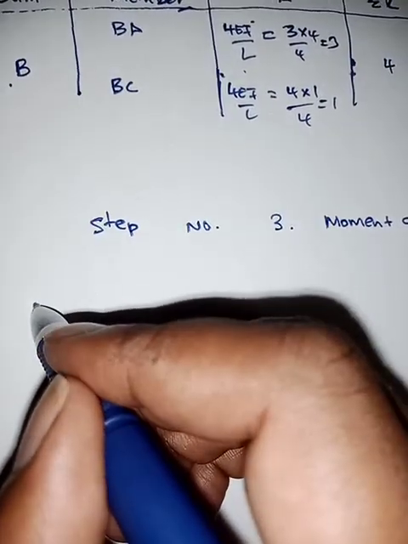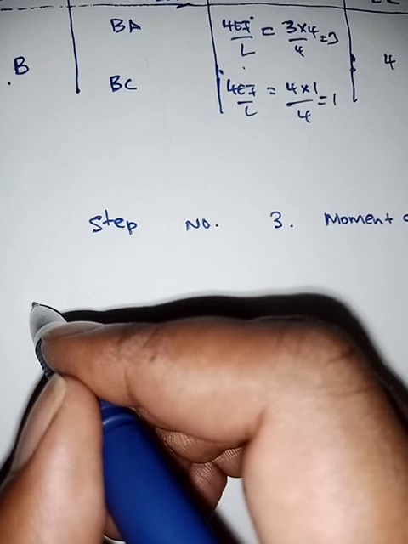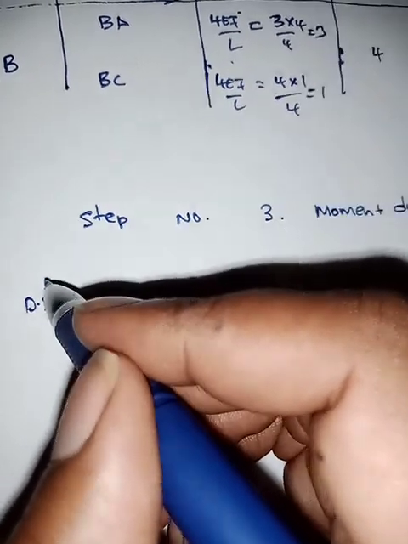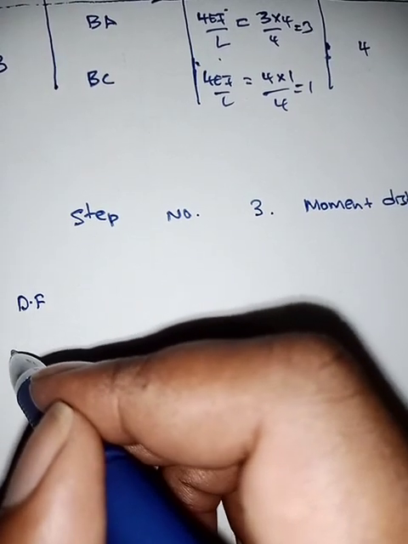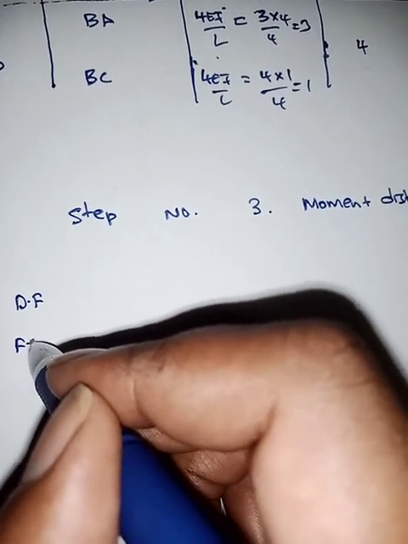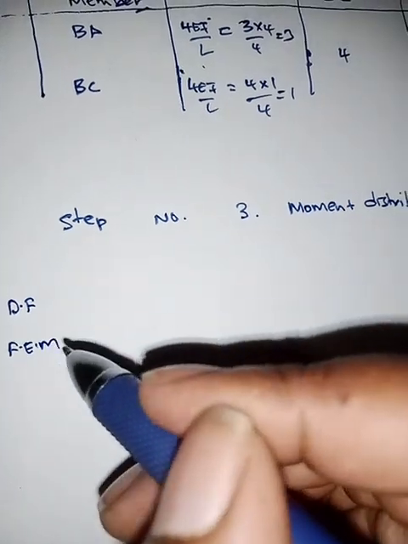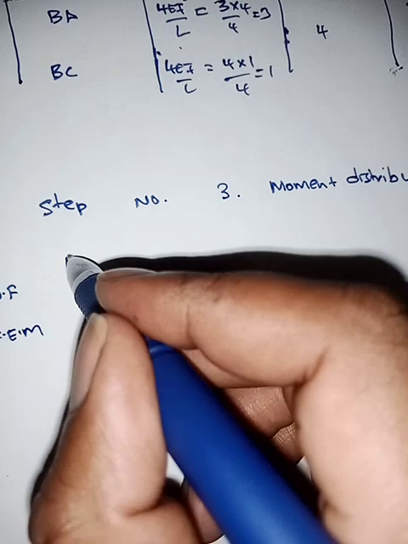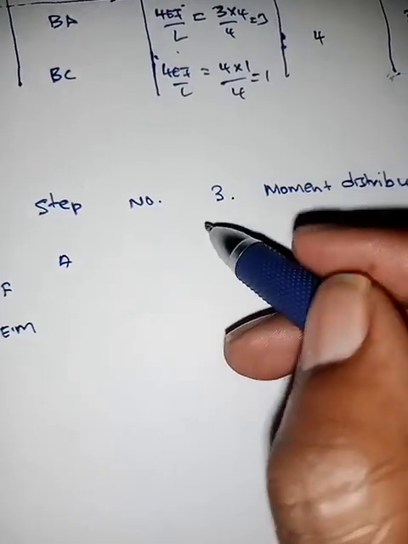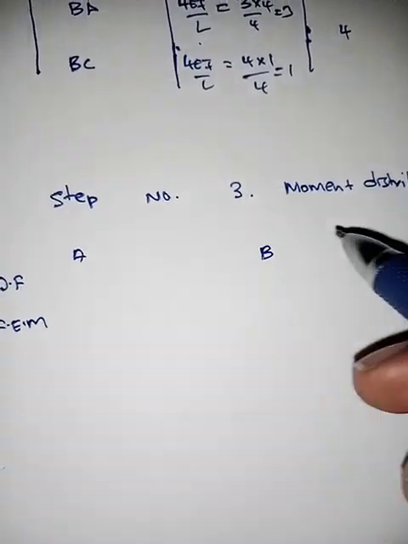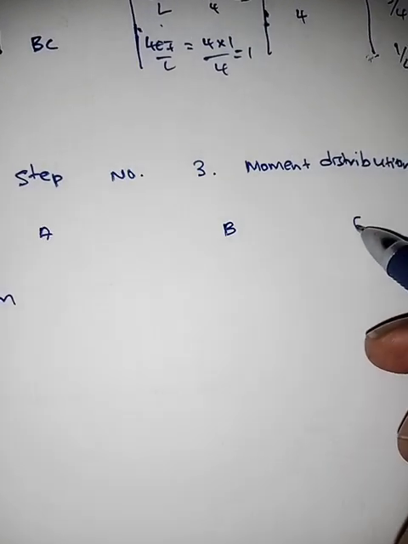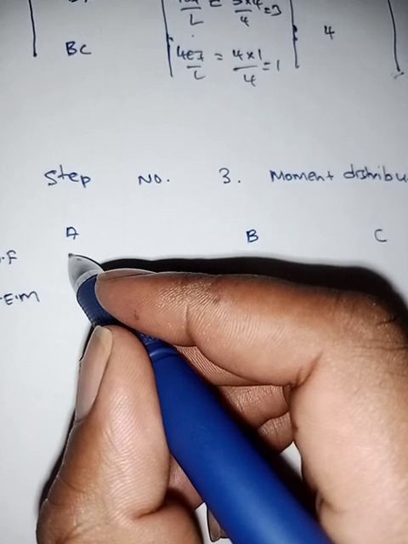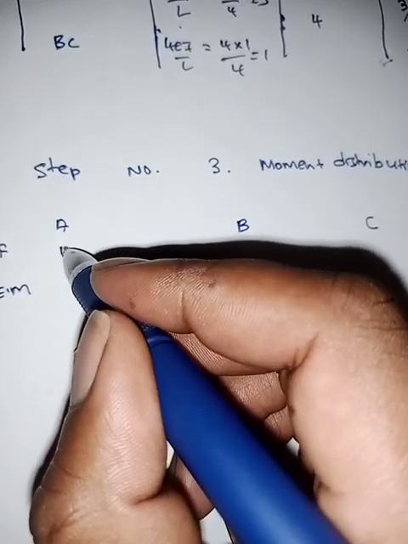So you have DF, you have FEM there, then you have here, you have A, B, and C. So the distribution factor here is 0.